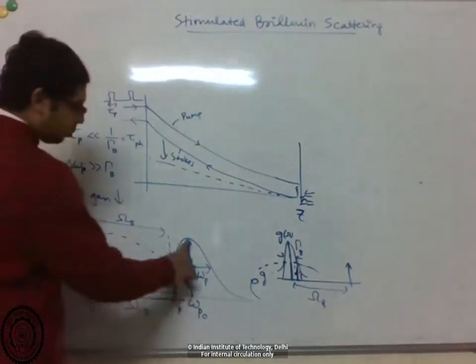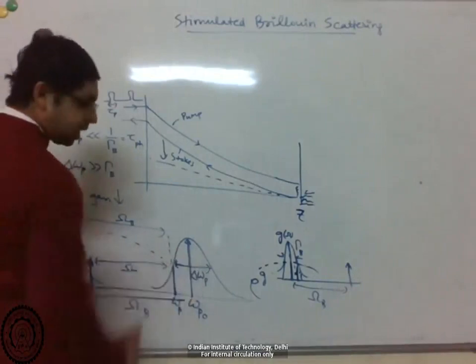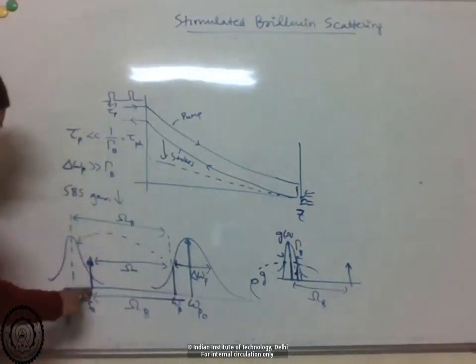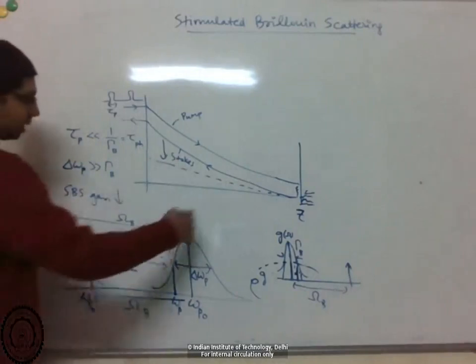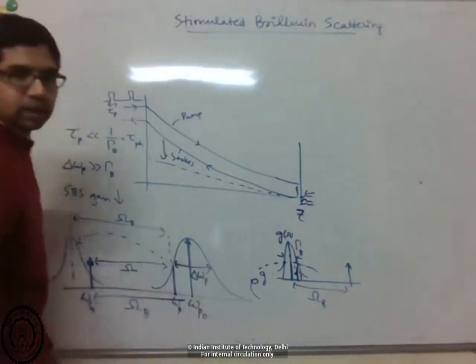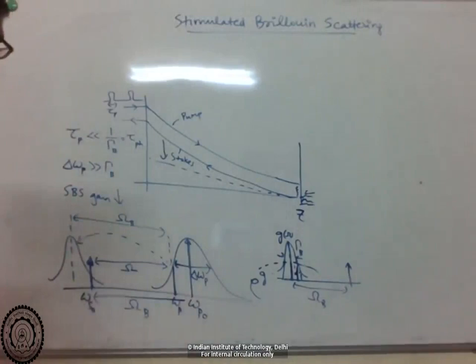But now instead of monochromatic, I have a finite bandwidth, and I want to see how omega s naught builds up. If the gain that this sees is lower, then that helps. That's what I want. Is that clear, what we are trying to do?